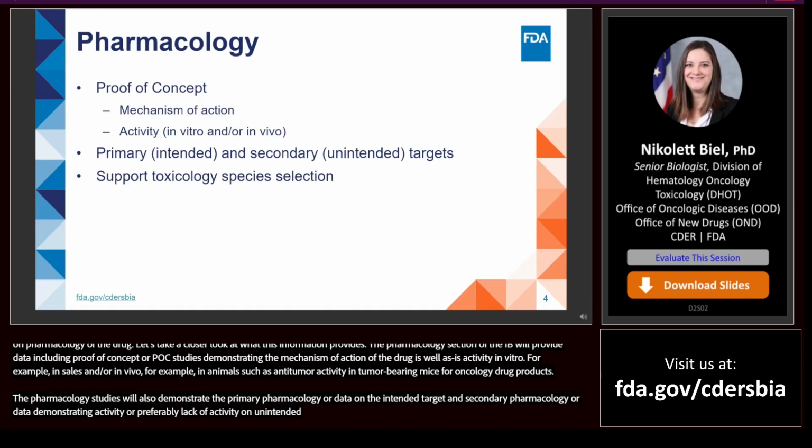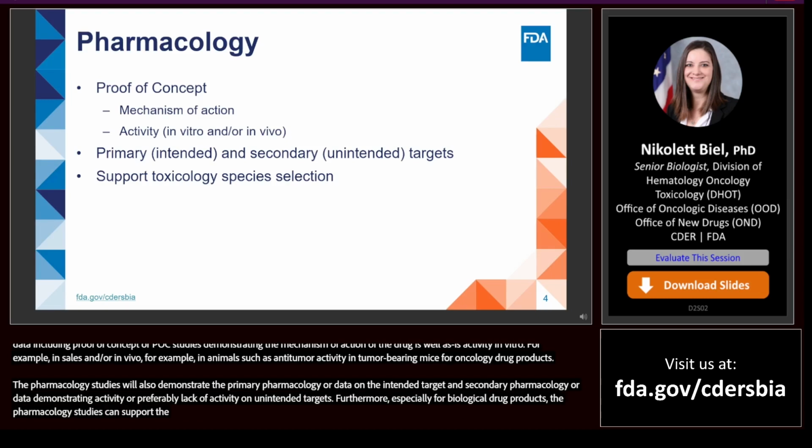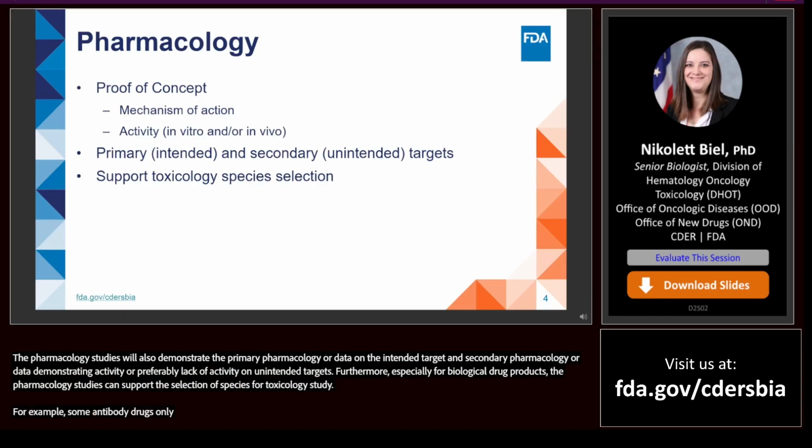Furthermore, especially for biological drug products, the pharmacology studies can support the selection of species for toxicology studies. For example, some antibody drugs only bind human and monkey drug targets and may not bind the rodent target. In that case, the monkey will be considered the only pharmacologically relevant species to assess the safety of the drug.